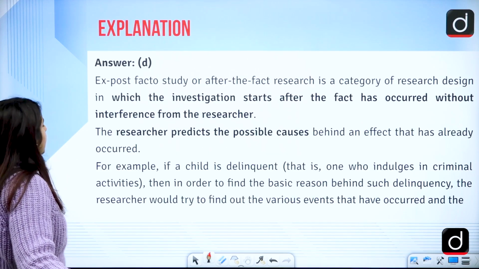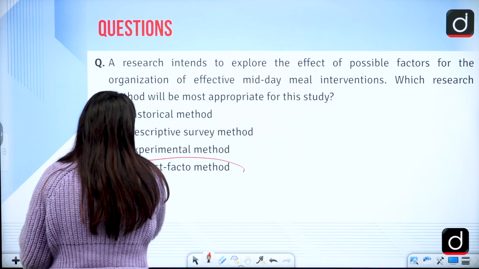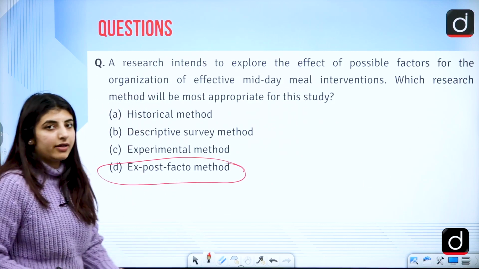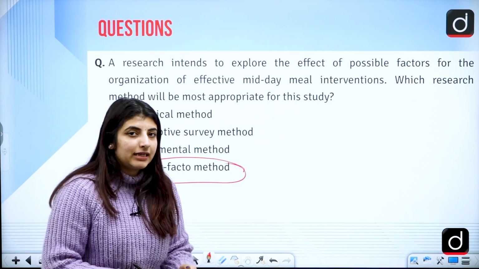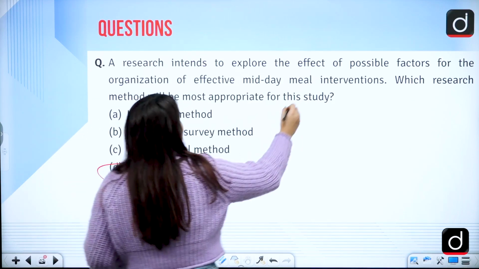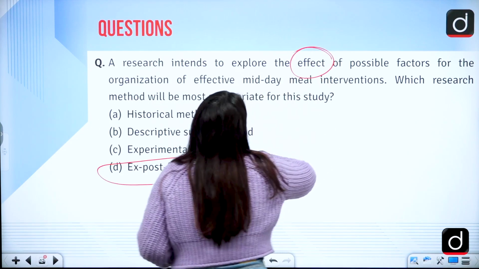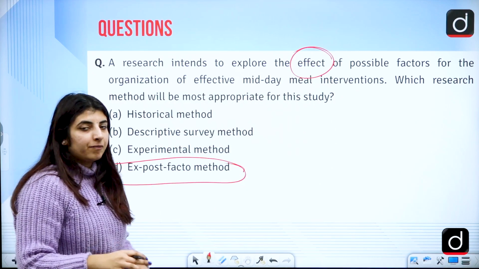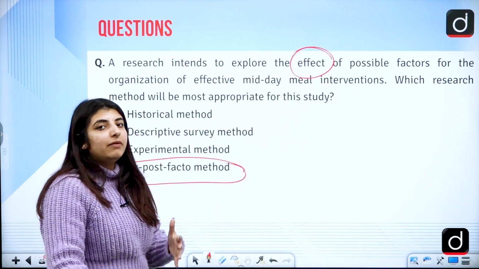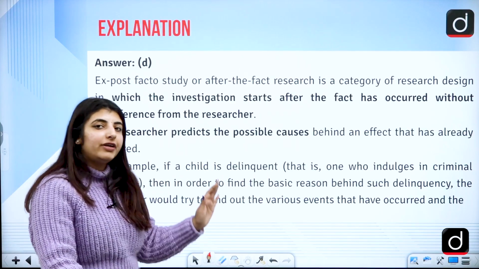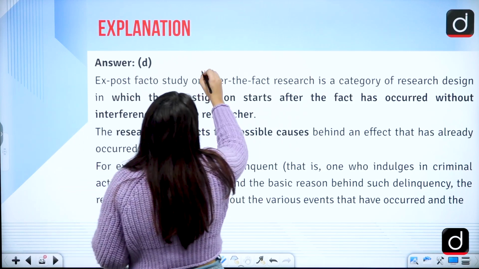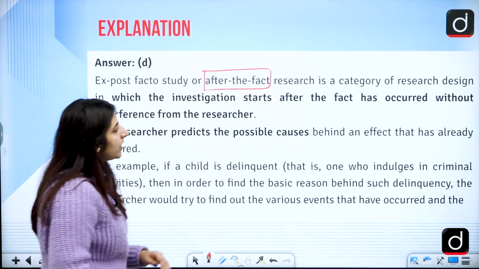The answer here is option D, ex post facto method. In the previous video, we talked about the ex post facto method in detail. So you will know, if we are talking about the effect of certain things, how will that be done? In ex post facto, we have seen that the things have already happened. Hence, it is known as after the fact, right?